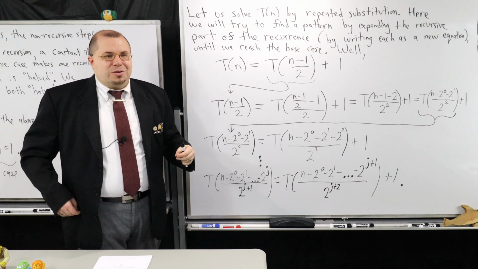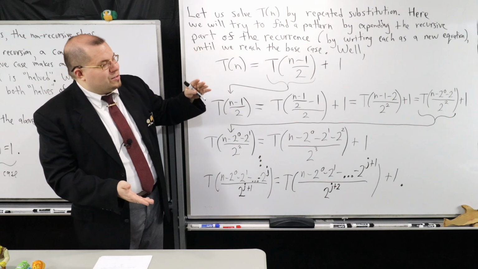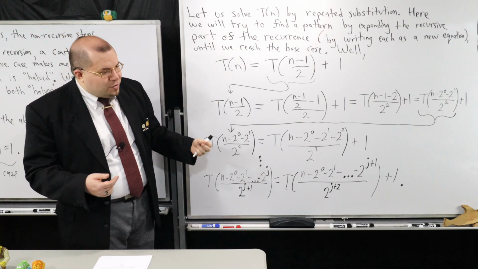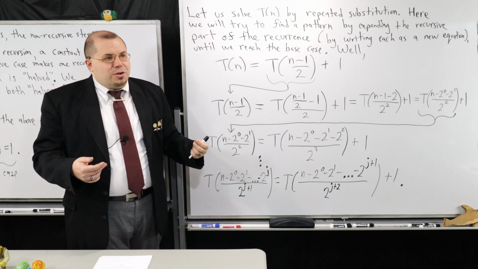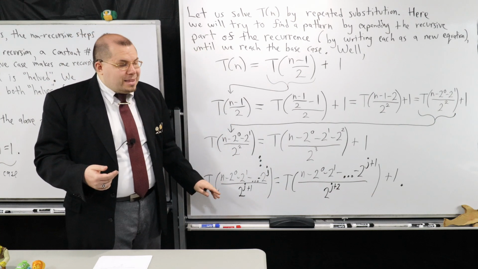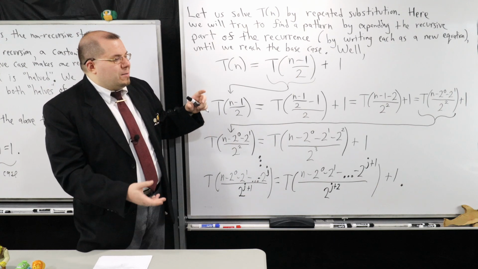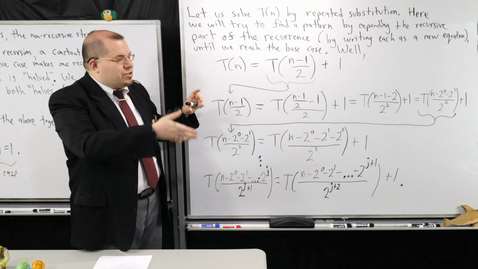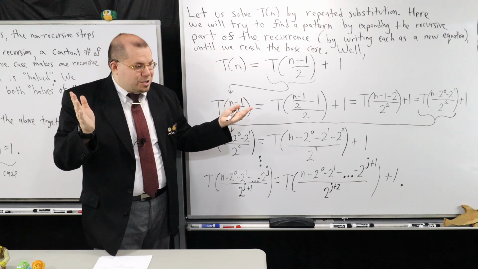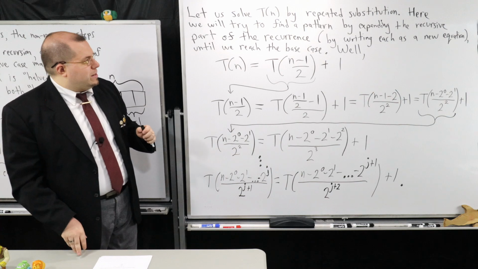For example, you could start off at T of 0, then go to T of the next increment, going from n down to 0 decremented by 1 each time. You start off at T of 0, then substitute T of 0 into T of 1, and use the guess of your pattern to come up with a general expression for T of n that has no recursion in it. There is no recursive part to it.